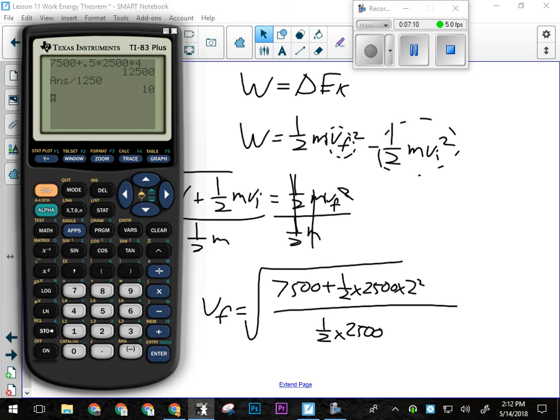Okay, and then I got to square root that, and I get 3.16 meters per second. Okay. Questions on how that one works? Okay, in terms of the algebra, that's probably one of the tougher ones you would run into.